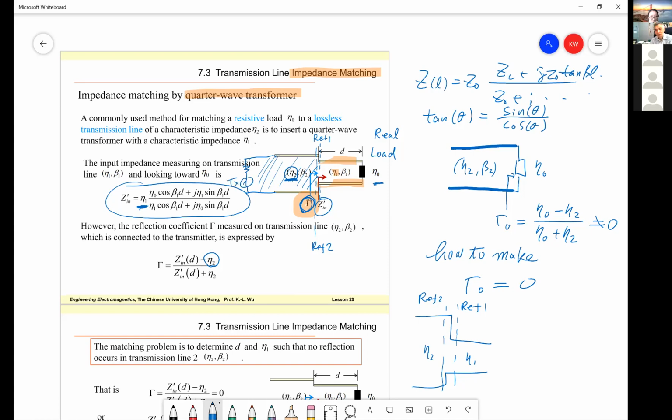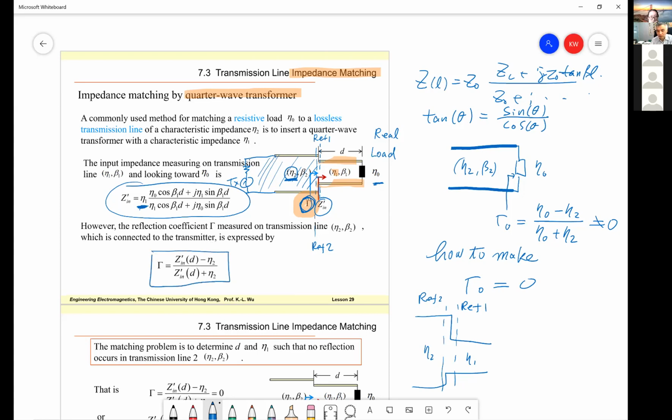I use TX as the transmitter. So I need to ensure the energy, the signal generated from the transmitter, is all conveyed to the load.